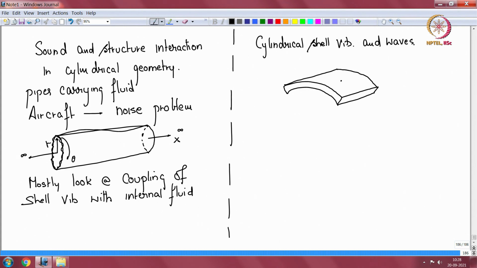Let us say I place my coordinate here, this is my x axis, and let us say this is my theta direction.